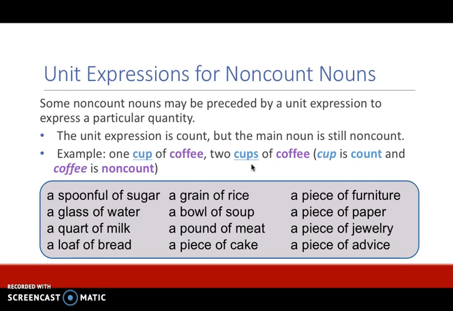That is a way to count the individual pieces of rice. And a lot of words use piece as the unit expression, like a piece of cake, a piece of furniture, a piece of paper, a piece of jewelry, or a piece of advice. And there are many more. You can see some in your textbook.